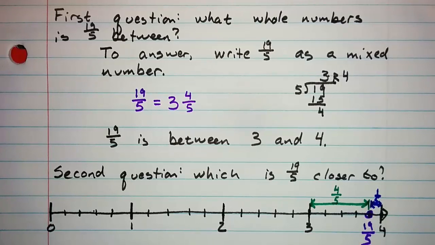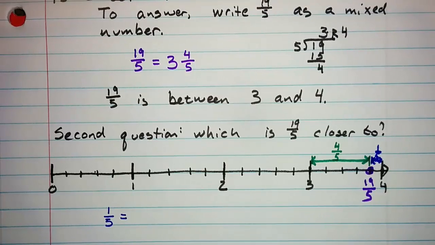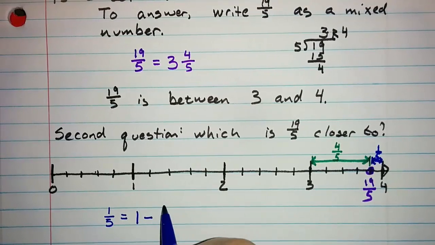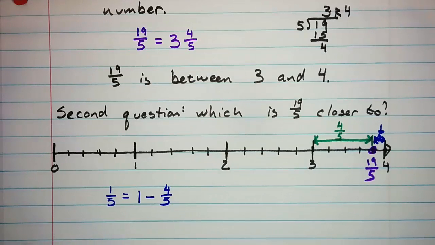How would I get 1/5? Well, 1/5 is what I get when I take 1 minus 4/5. So the distance to the smaller whole number is the fraction part of the mixed number.